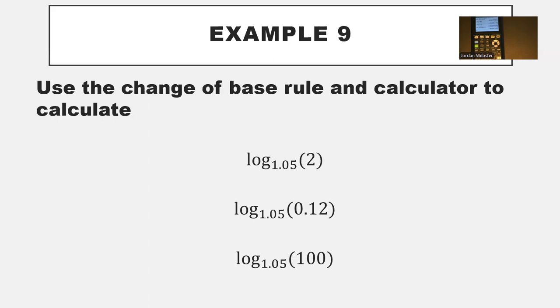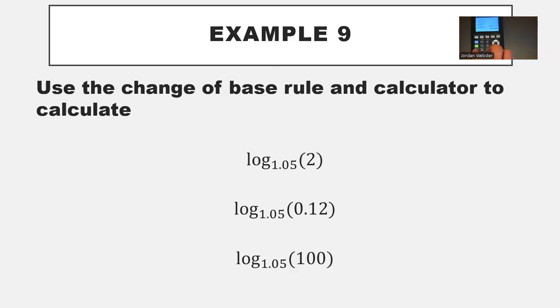By the way, when you do that, you can even use bases that are like 1.05. They don't have to be whole numbers. I know we've used whole numbers a lot, but we can even have bases of 1.05.